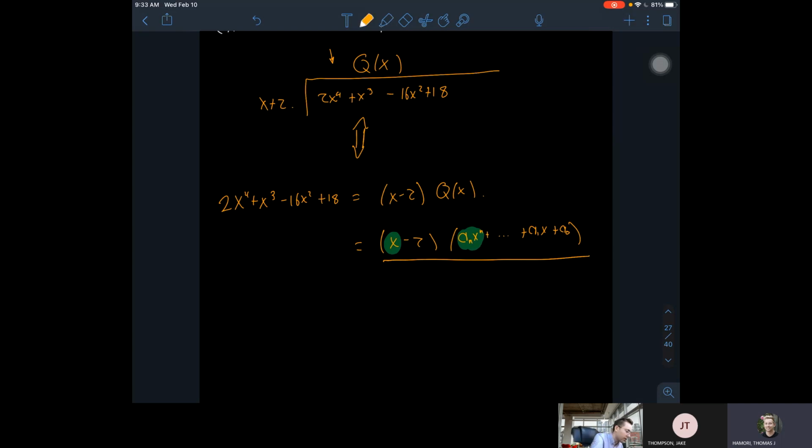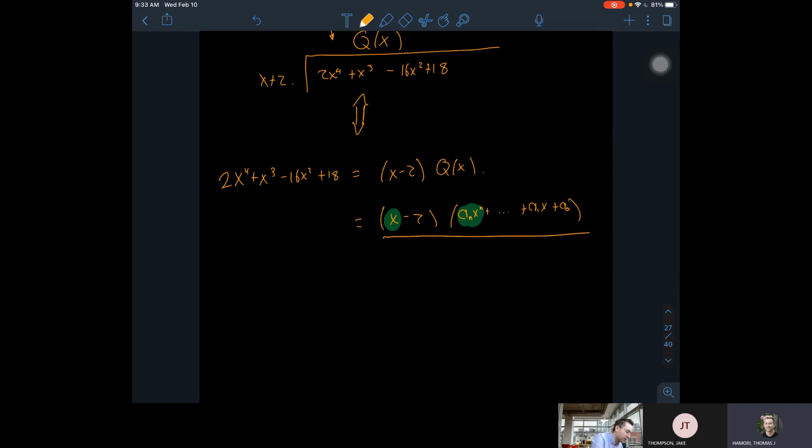So if I was going to FOIL this out, I would get a_n x to the power n plus 1.